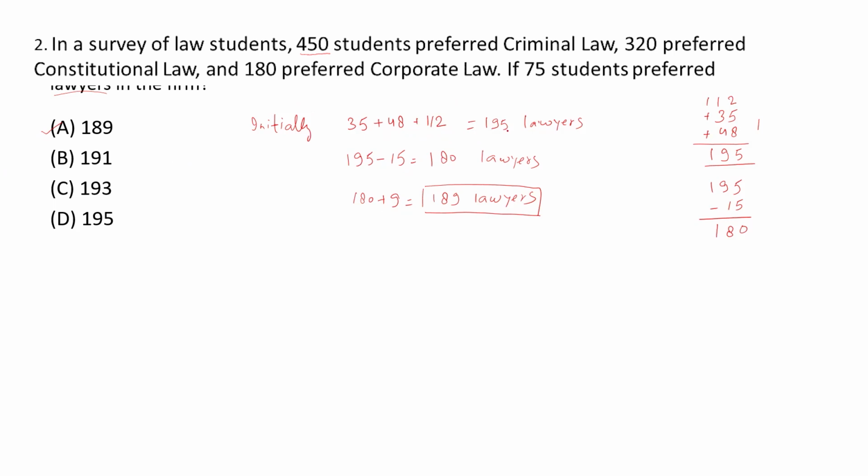Total was 195. Then 15 associates left, so we subtracted 15, and then 9 joined, so we added 9. So it becomes 189 finally. Okay, so this is how you have to solve the problem. First, you have to read the problem carefully and then you start working on it.